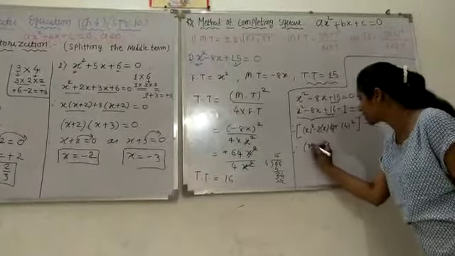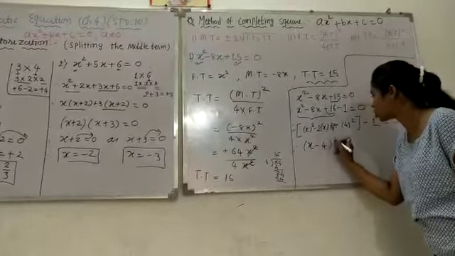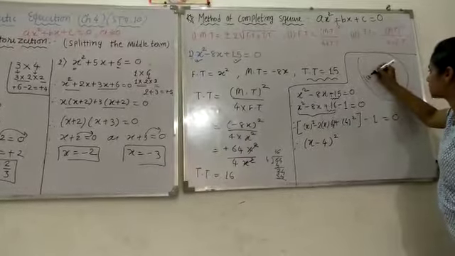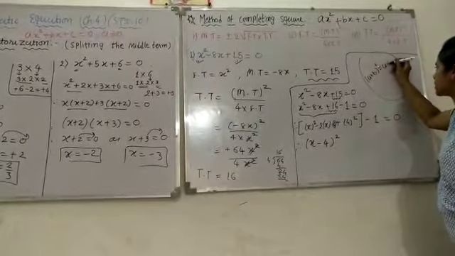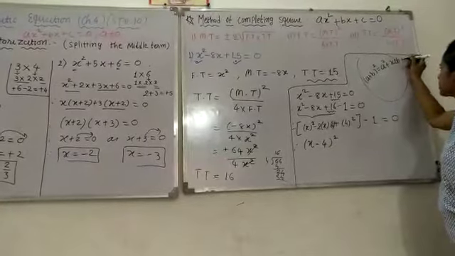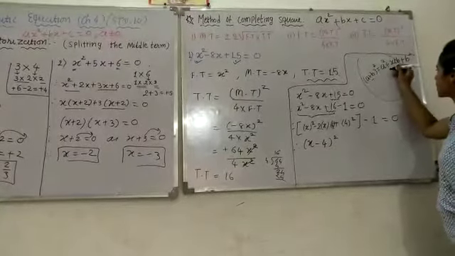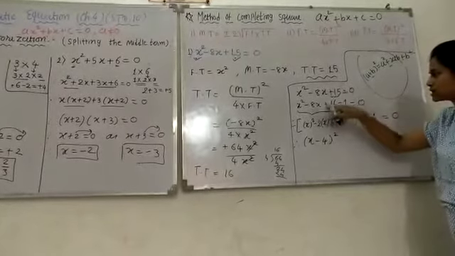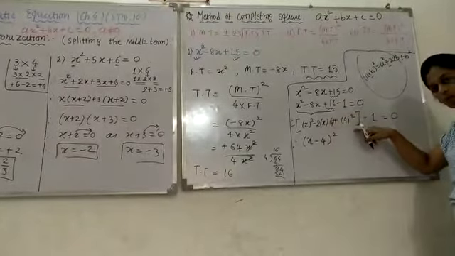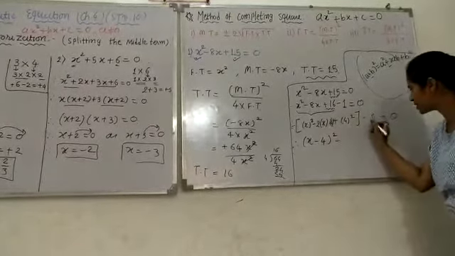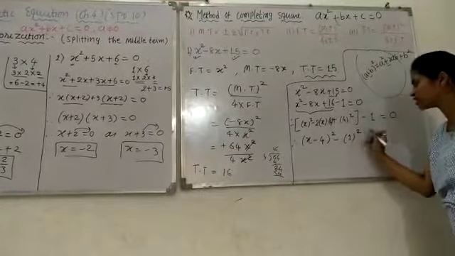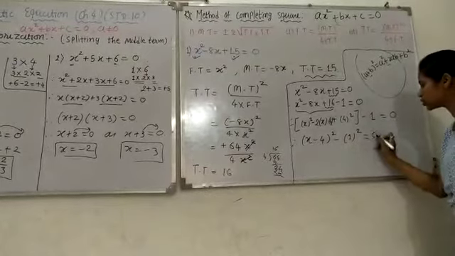So this becomes x minus 4 whole square. We know the identity: a plus b whole square is equal to a square plus 2ab plus b square, and if here it is minus, then minus. So I converted these three terms into the form of our identity. And minus 1. So 1 is also a perfect square, so instead of 1 you can write 1 square.